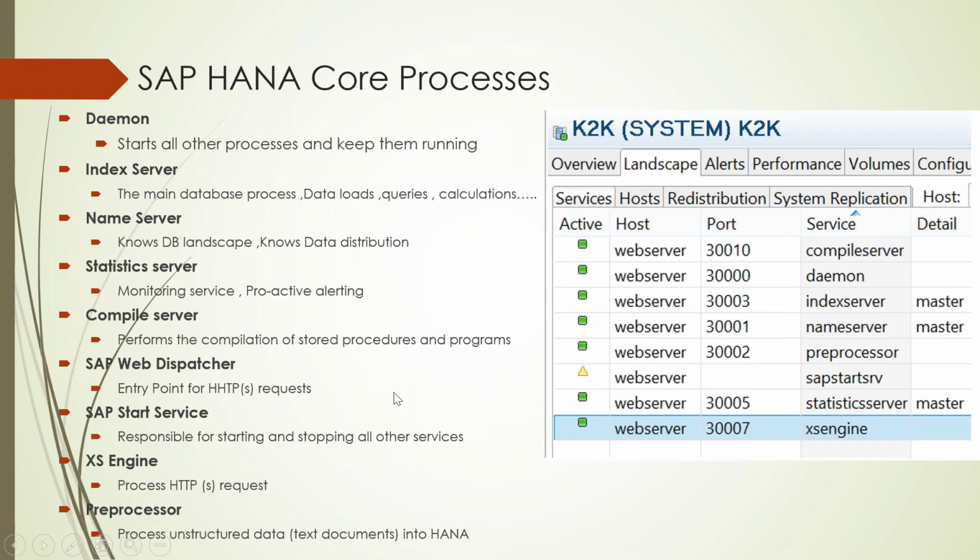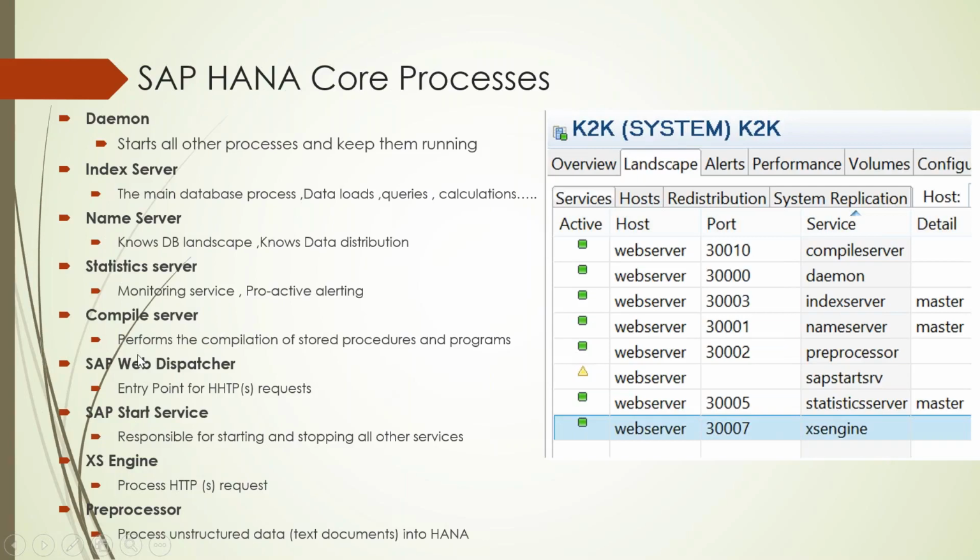The second is the SAP Web Dispatcher. It is an entry point for HTTP requests. If you want to connect from the browser, then you can use the HTTPS port. You can also connect to the XS engine directly, but you can connect through the Web Dispatcher as well. So the Web Dispatcher and XS engine are used to receive HTTP or HTTPS requests.